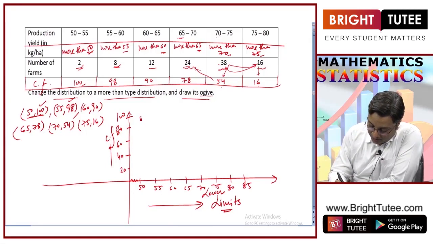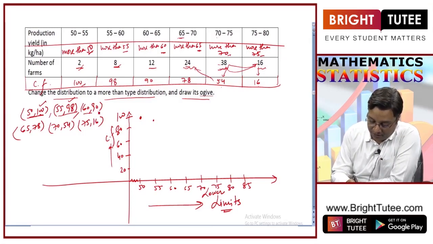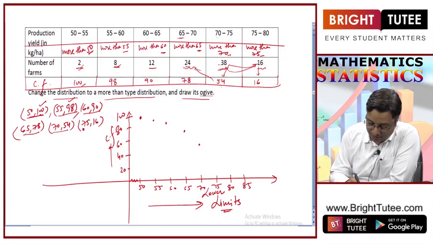So this is the point. 55, 98. So it will be here. 60, 90, let it be here. 65, 78, 70, 54, it will be here. 75, 16, so it will be somewhere here.